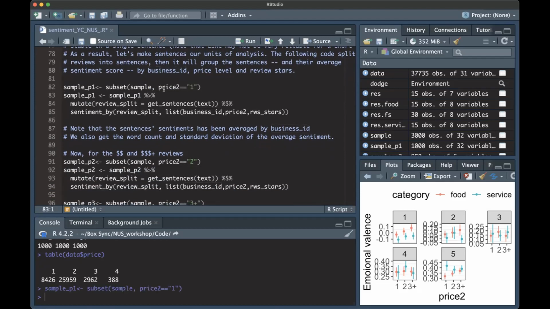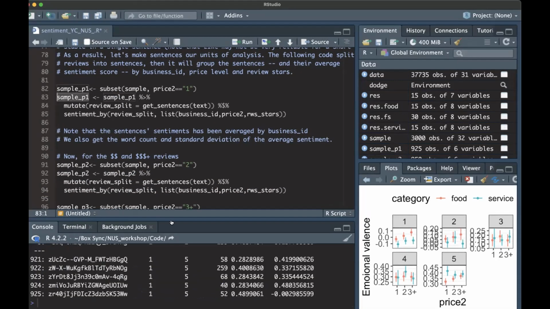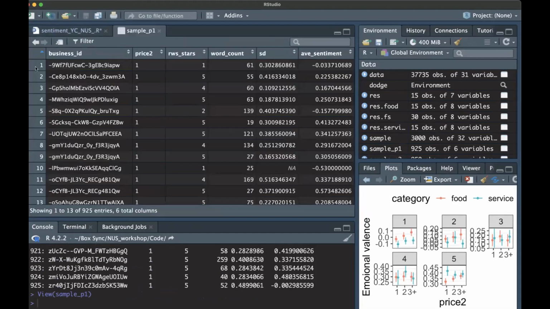So just to check the price level 1, or $1, merchants, let me quickly check. As you can see, now for each business ID there is an average sentiment, aggregated from the sentiment of each sentence.